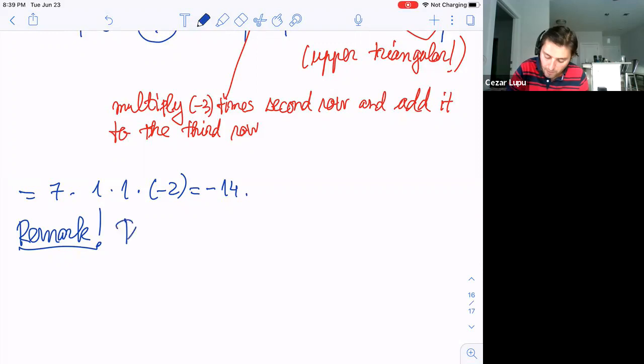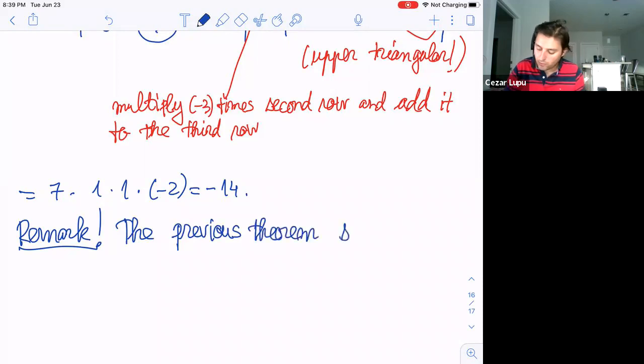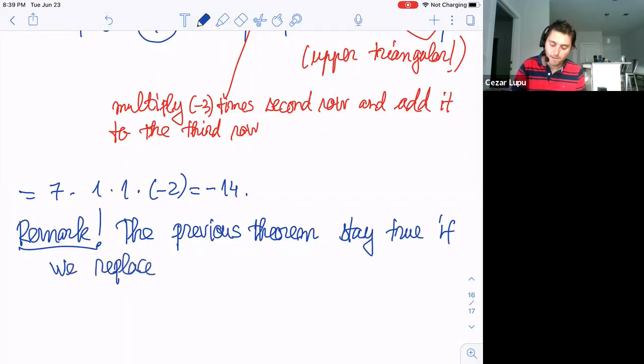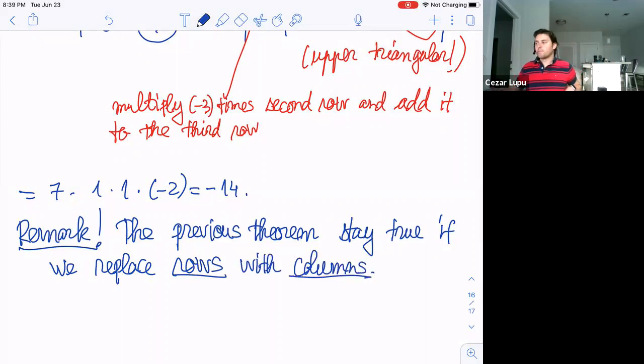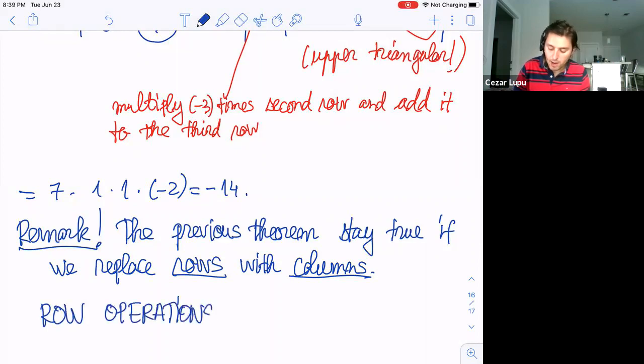So the previous theorem stays true if we replace rows with columns. It's the same thing.